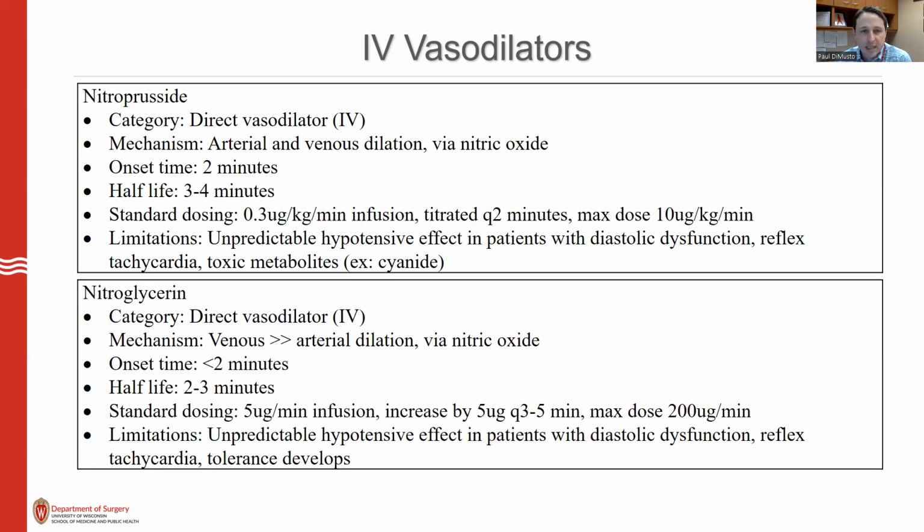Nitroglycerin is another choice, although this has more effect on the venous system than the arterial system. Again, this is fairly universally available, can be quickly titrated and adjusted, and again has similar side effects or limitations.